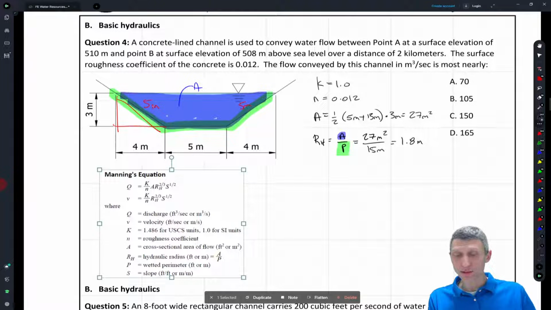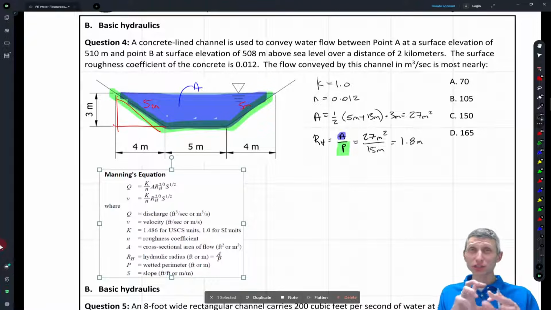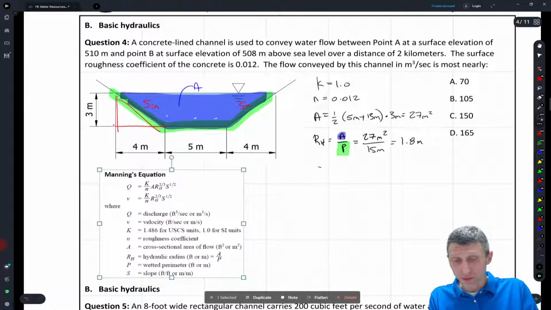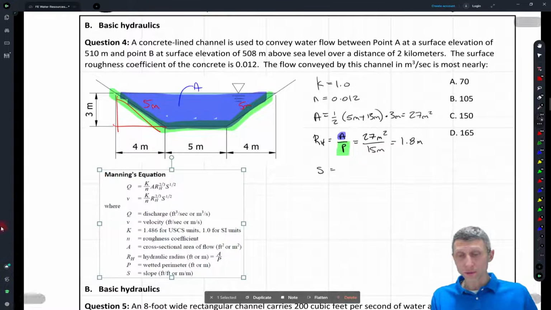Okay, so our next coefficient here is S for the slope. So this is feet per feet or meters per meter. Looking at those units and understanding those units is huge on this test. Just knowing what the units are in each equation is going to be super important. So we get a slope equal to the fall, which is going from 510 down to 508.